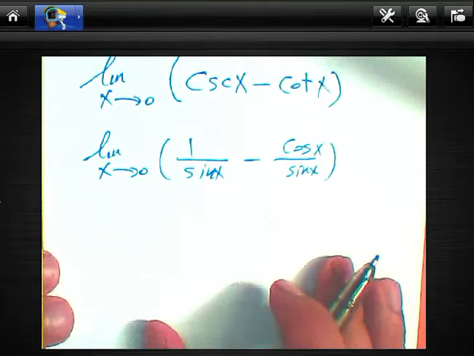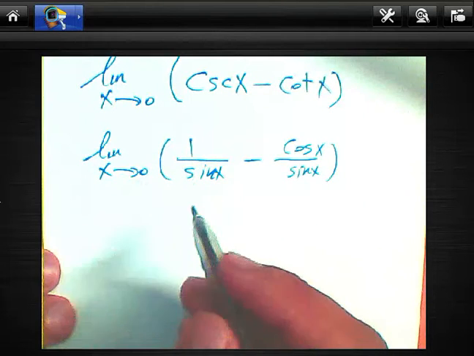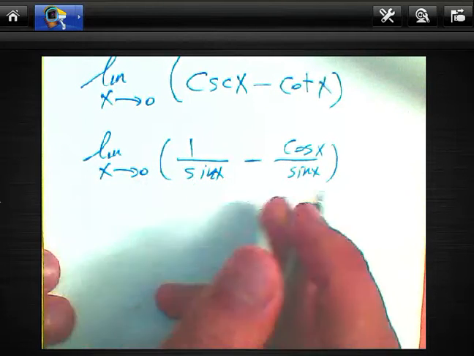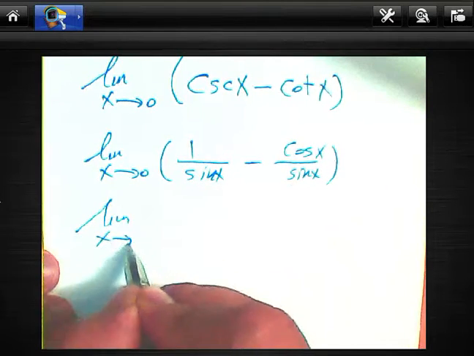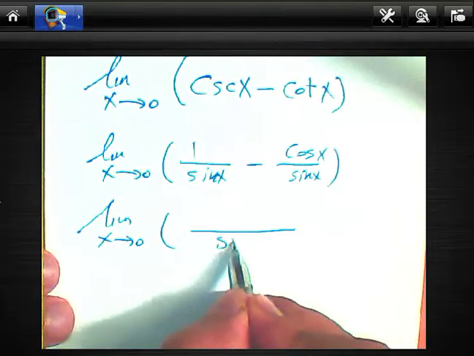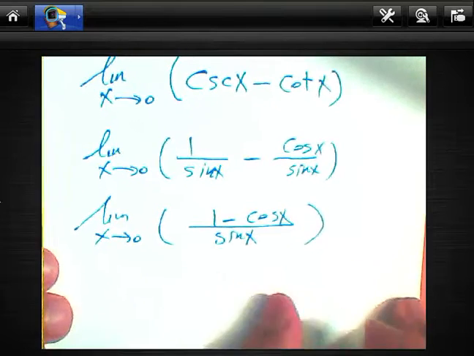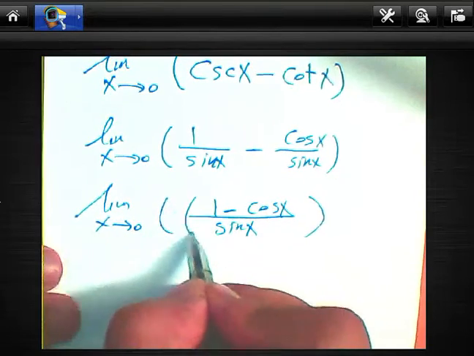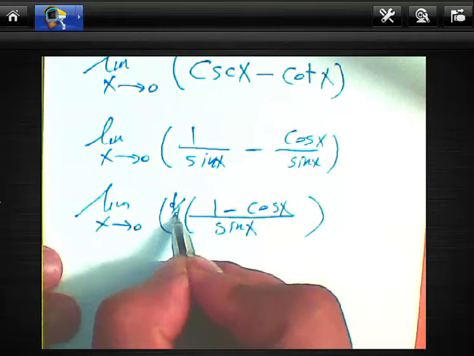Okay, we can find the derivative of the numerator and denominator. First we can simplify it: the limit as x approaches 0, we can write 1 minus cosine of x over sine of x, and then we find the derivative of the numerator and denominator with respect to x.